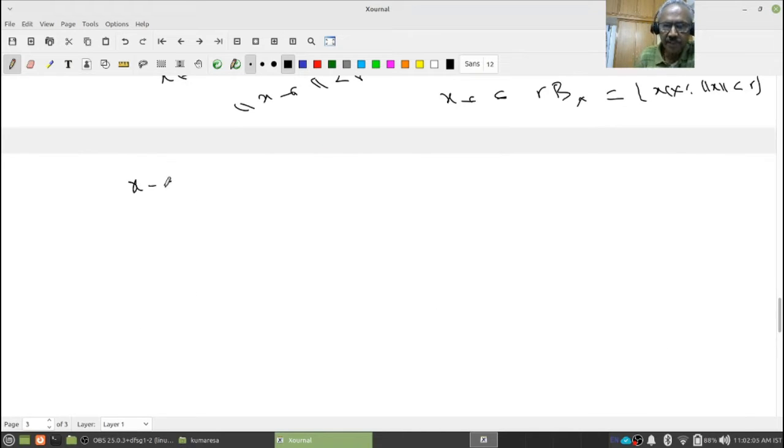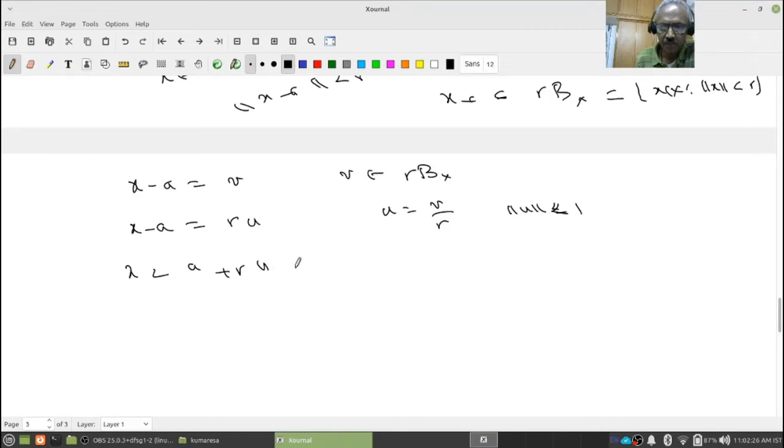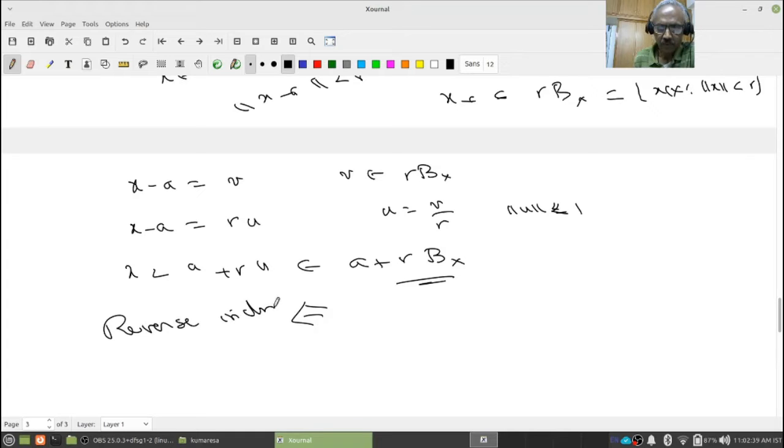Therefore, if I write x minus a equal to some vector b in r times B_X, then I can write x minus a as r times a vector u, where u is b by r. Then norm of u will be strictly less than 1. Therefore, x equals a plus ru, that means it belongs to a plus r times B_X. The converse is also easy. The reverse inclusion I leave as an exercise. So again, pause, review, proceed.